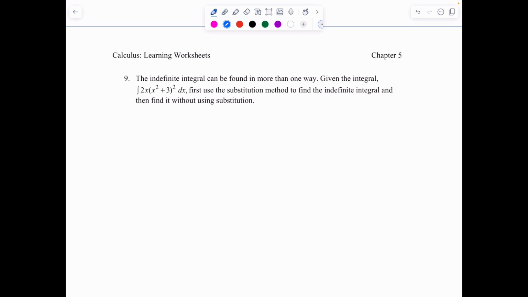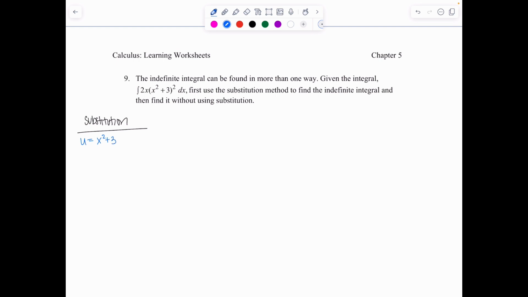Okay, the indefinite integral can be found in more than one way. Given the integral of 2x times (x squared plus 3) squared dx, first use the substitution method to find the indefinite integral, and then find it without using substitution. Substitution. We'll start by letting u equal that x squared plus 3.